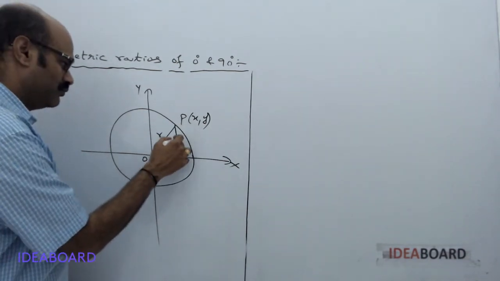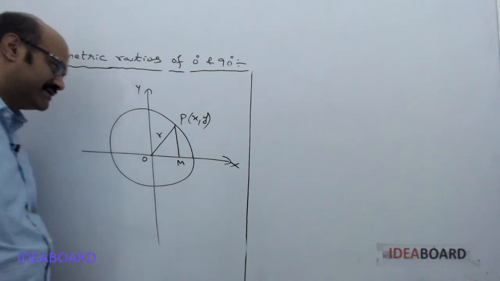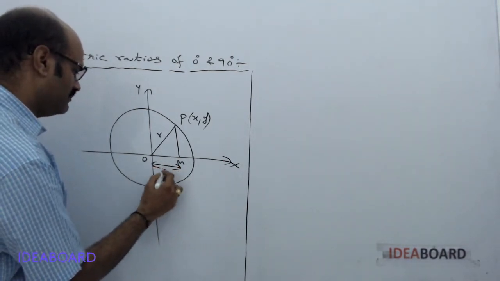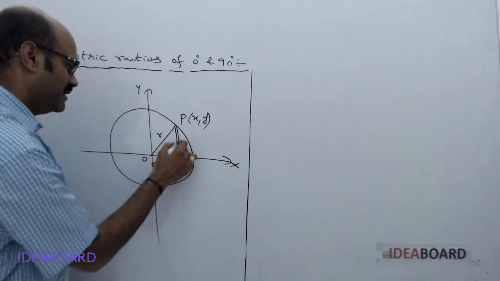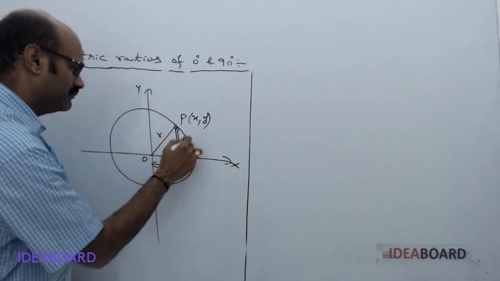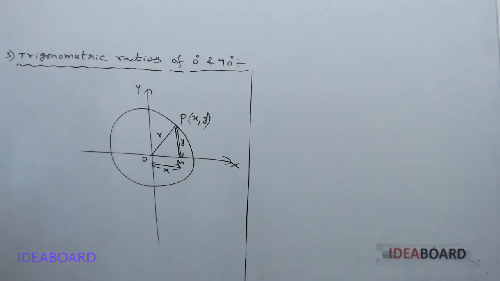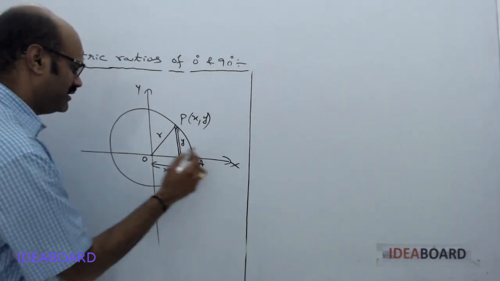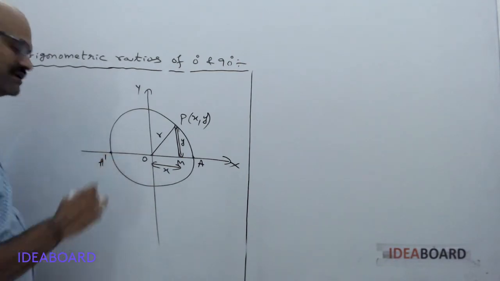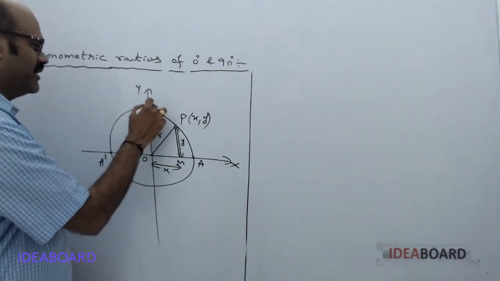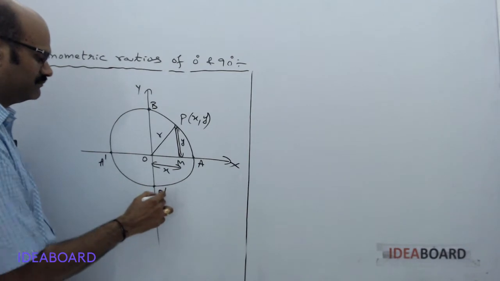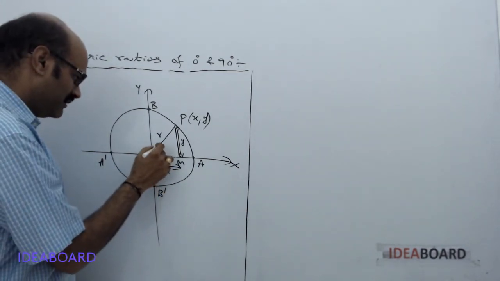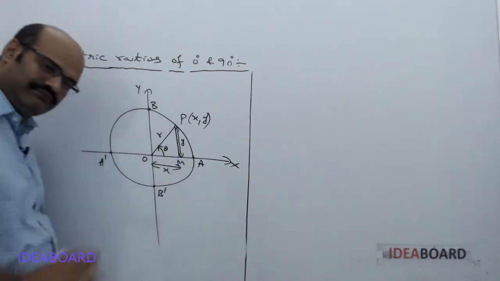Draw PM perpendicular to x-axis. Now OM equal to x, PM equal to y. Let the circle cut the x-axis at the points A and A dash, and the y-axis at the points B and B dash. Now let me take this angle equal to theta.